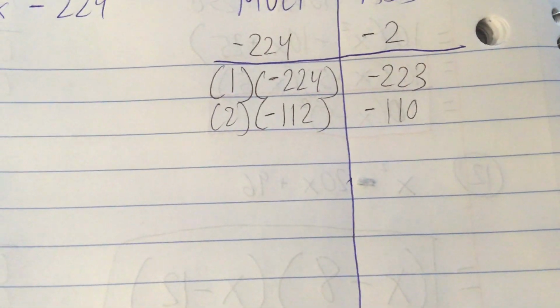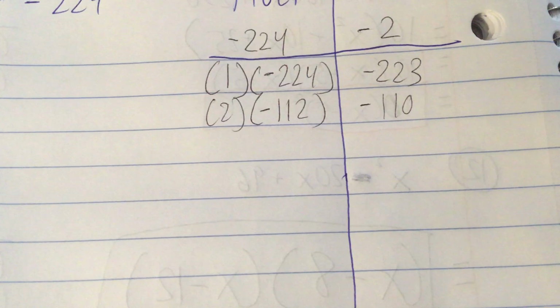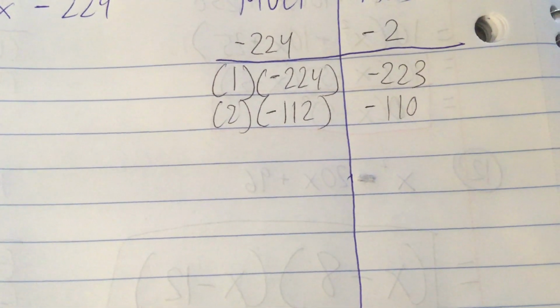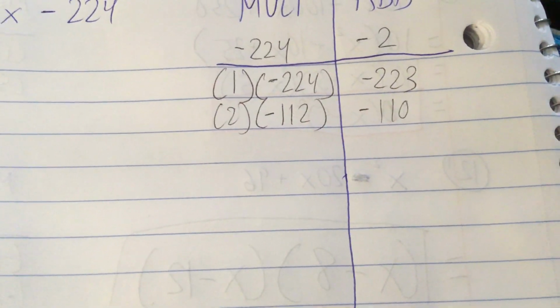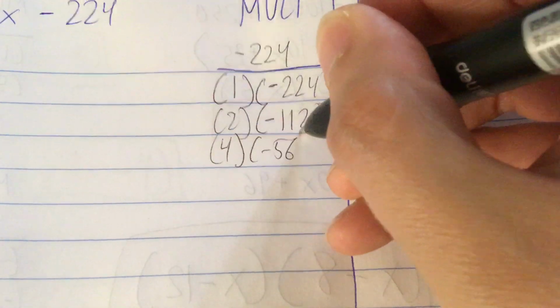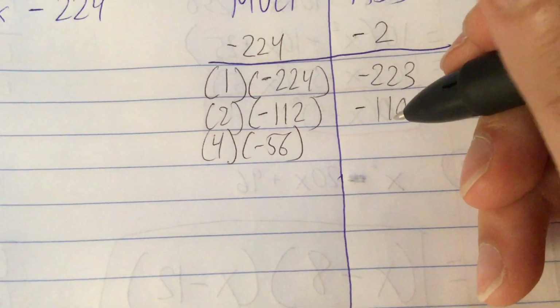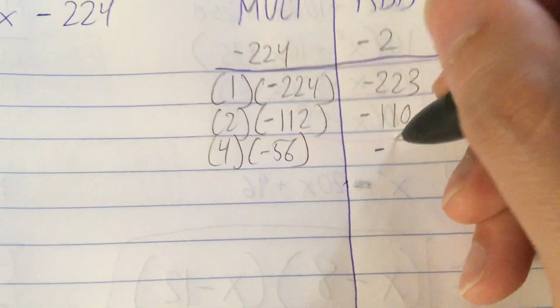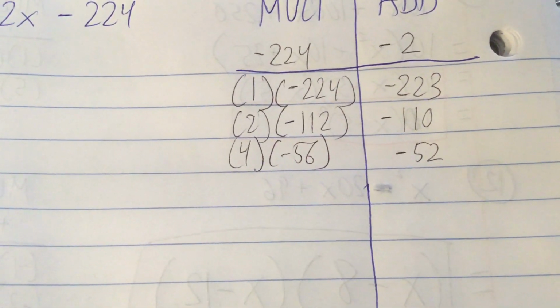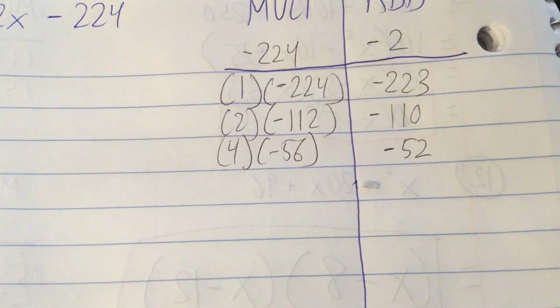Let me try 224 divided by 3. Decimal. Okay, that didn't work. 224 divided by 4 is 56. So 4 times negative 56. They multiply to negative 224, but they add to form negative 52. 224 divided by 5 won't work because it doesn't end in a 5 or a 0.